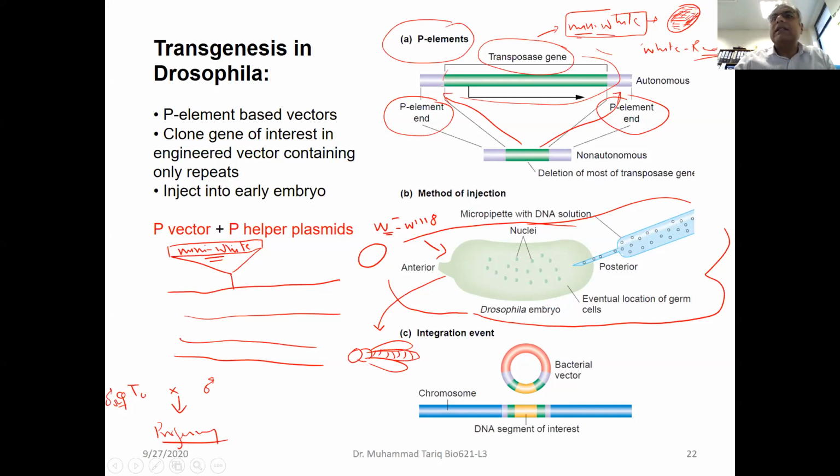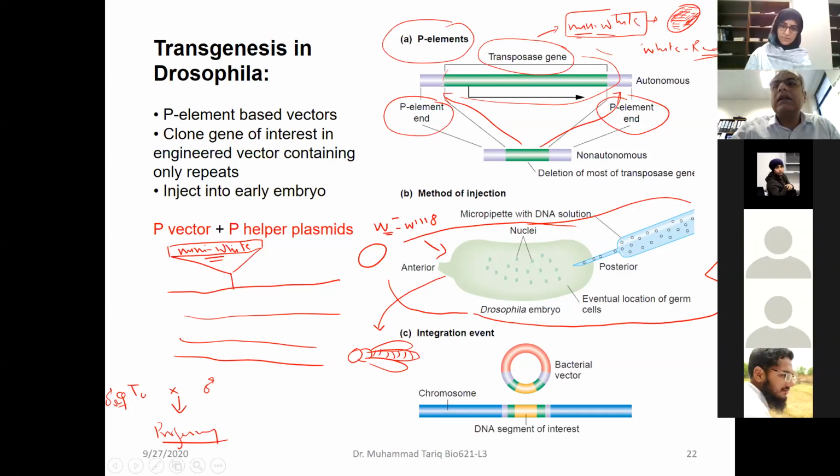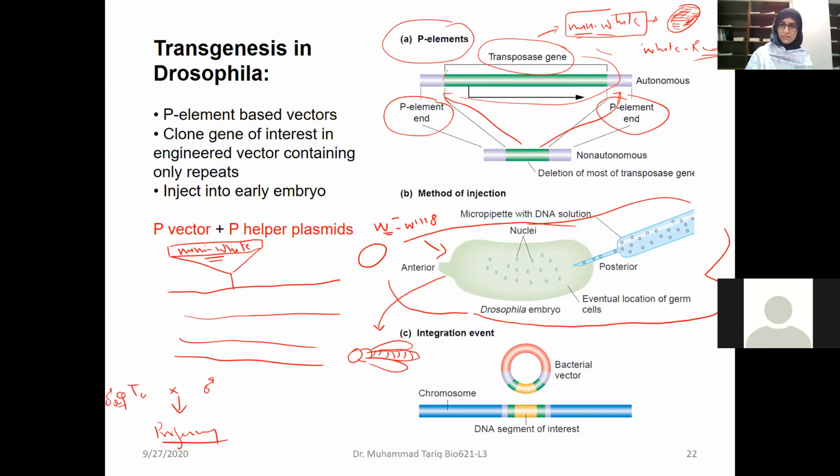Others? Sir, orange. Orange. Novera? I think orange. Sadiq Ali? It will be orange. Amna? Sir, the mini-white wasn't injected in the eggs, so shouldn't it be white?